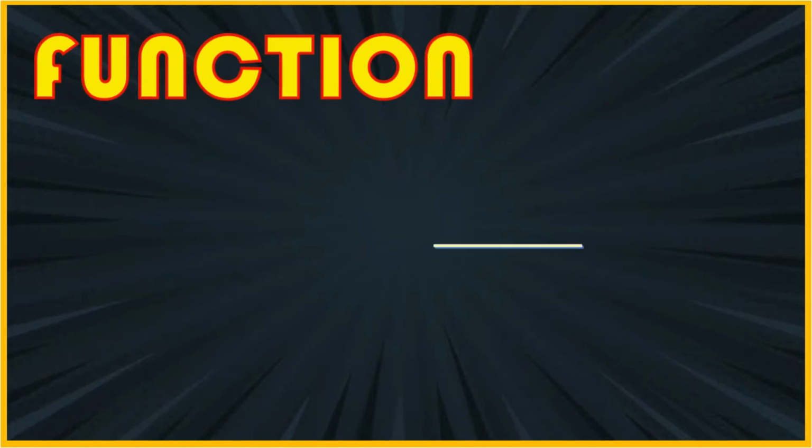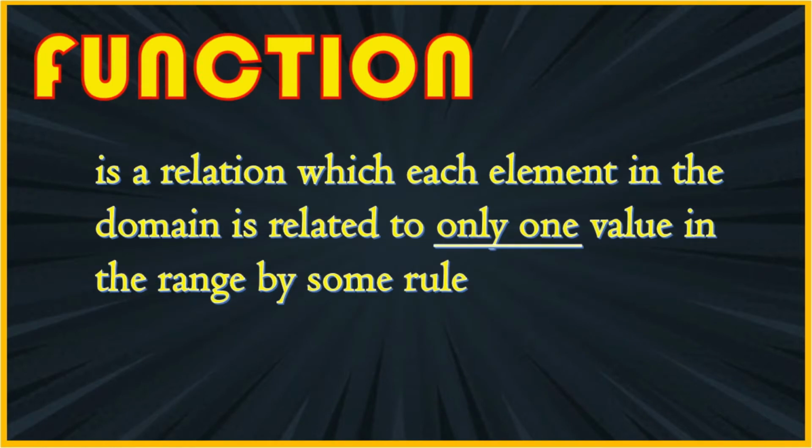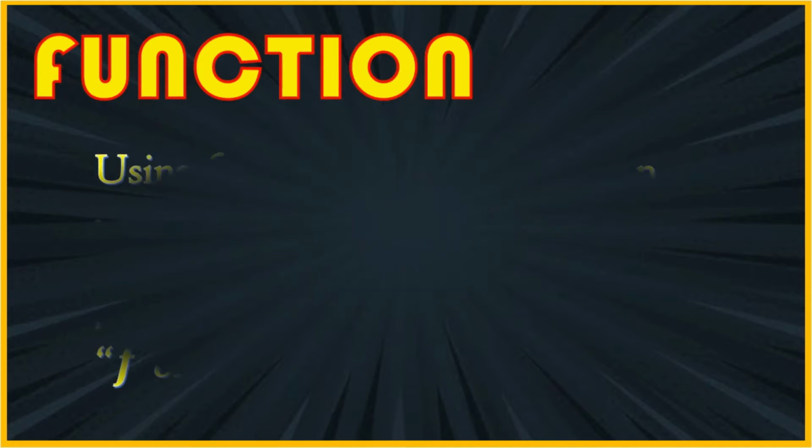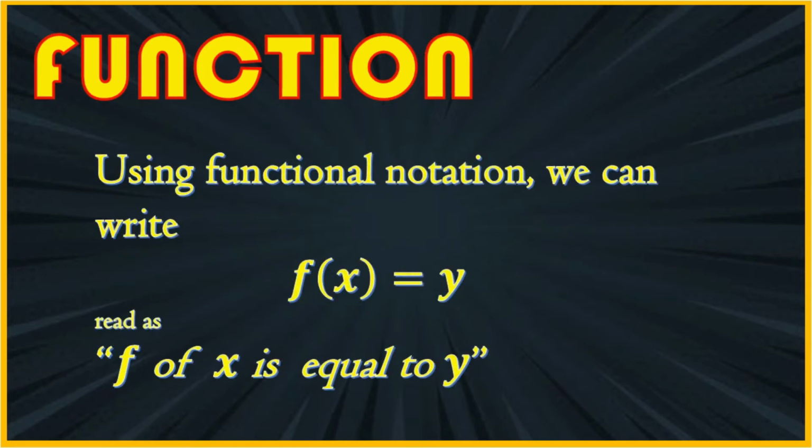Next, function. A function is a relation in which each element in the domain is related to only one value in the range by some rule. Using functional notation, we can write it this way, which is read as f of x is equal to y.